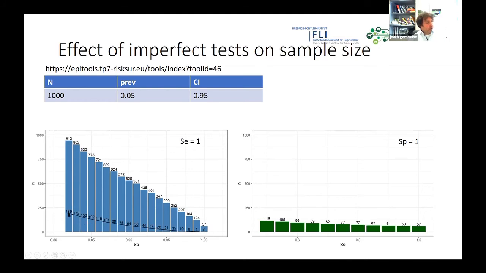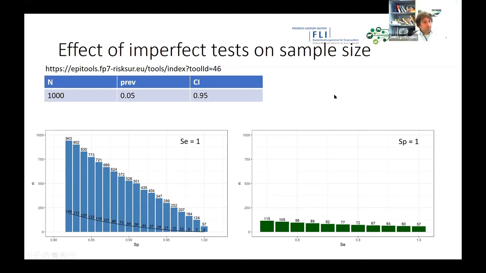And the number of cutoffs is increasing too in a population with 5% prevalence. In contrast, if you keep the specificity at 1 and you decrease the sensitivity to, here I have chosen 70, the sample size is increasing, but not too much.